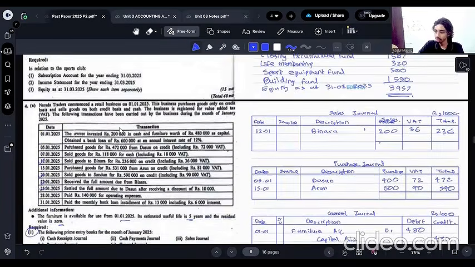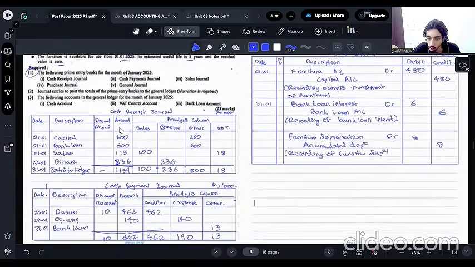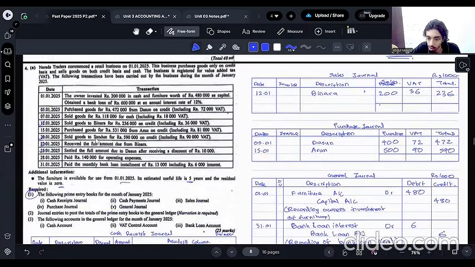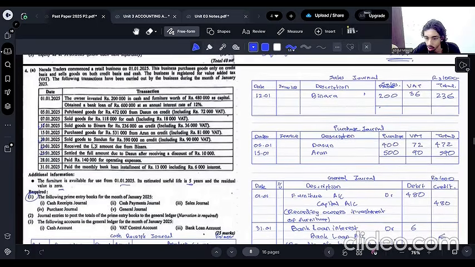Then sales journal was the only one. Did I miss anything? I haven't recorded this, no? Sandun. Where did I record that? Okay. Here, purchase goods for 531 from Arun.